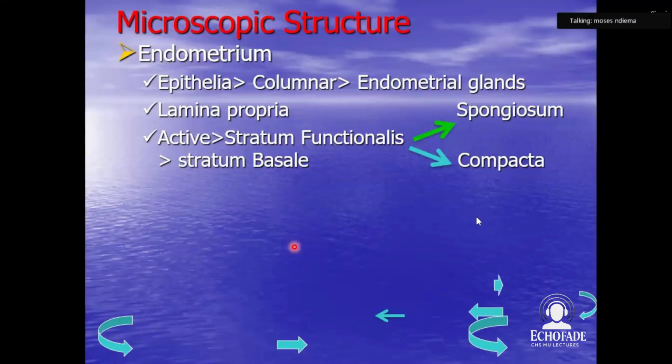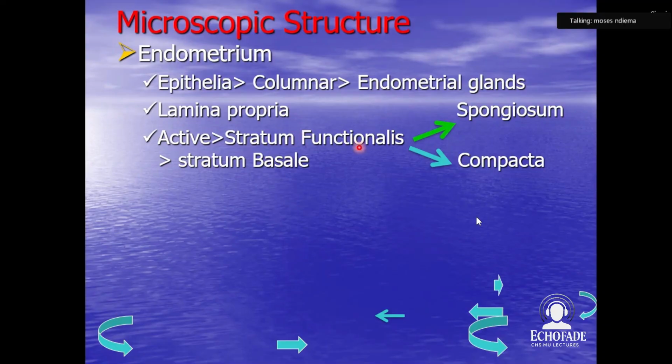All the glands in the stratum functionalis are shed off. The blood vessels in stratum functionalis are also removed. The glands at the basal part are the ones which now regenerate to form the stratum functionalis.